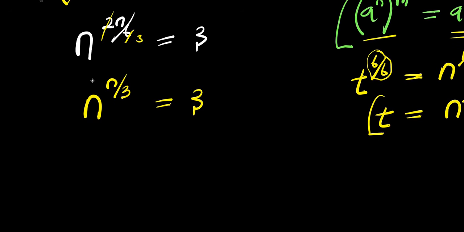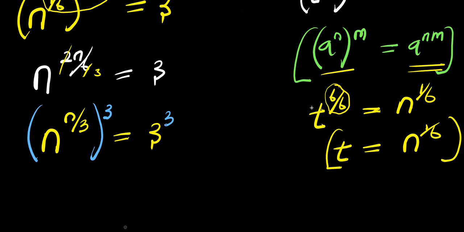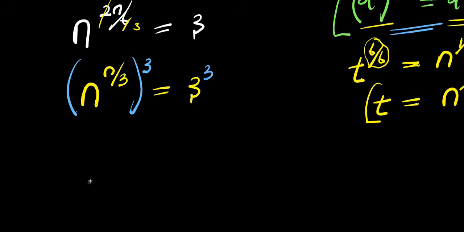Now solving for n, what we are going to do will be to raise this to the power of 3. We raise this to the power of 3. So we multiply the exponent again using this identity. We are simply going to have n power 3 times n over 3, that's 3n divided by 3, equals 3 power 3.